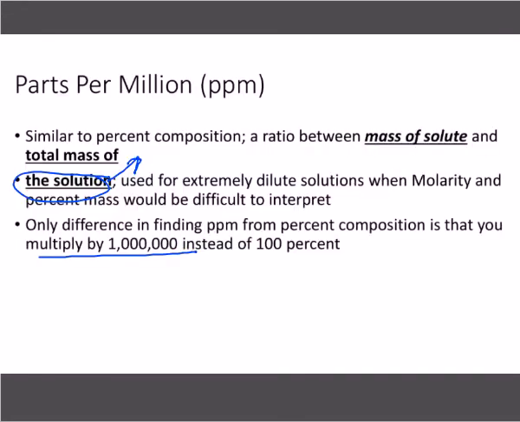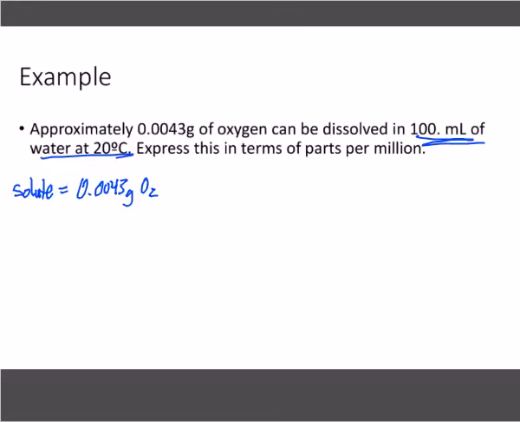When we look at this formula, guys, for percent or parts per million, it's mass of solute over total mass of the solution. Is milliliters a mass? No. How can we figure that out? Molar mass, but what's something unique about water?